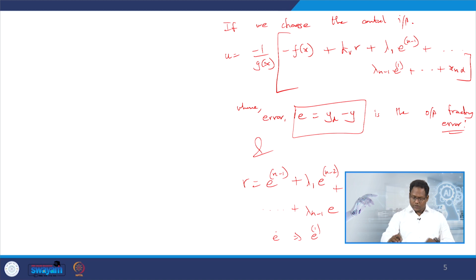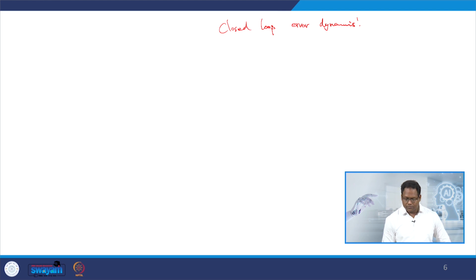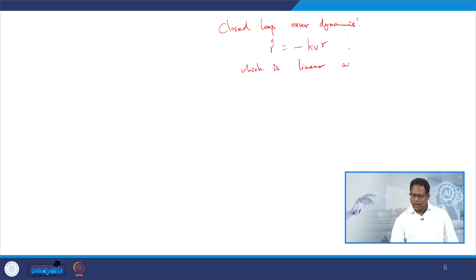So, the closed loop system dynamics, precisely the error dynamics, the closed loop error dynamical equation for this case becomes r dot equal to minus K v r, which is linear as well as stable by choosing K v as positive.